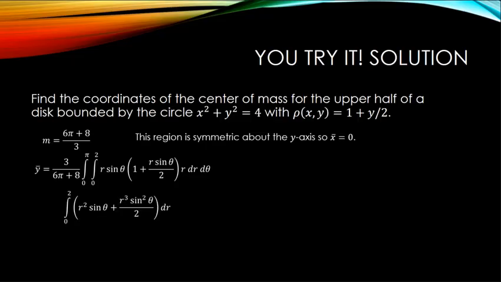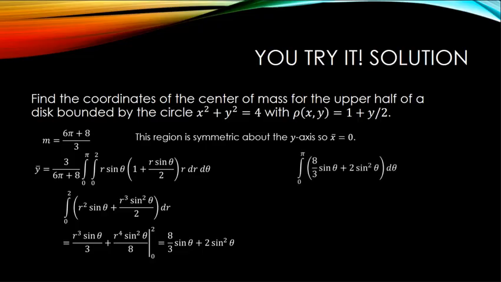I distribute the r to compute my innermost integral, the integral from 0 to 2 of the quantity r squared sine theta plus r cubed sine squared theta over 2 dr. This gives me r cubed sine theta over 3 plus r to the 4th sine squared theta over 8 evaluated from 0 to 2. I get 8/3 sine theta plus 2 sine squared theta.